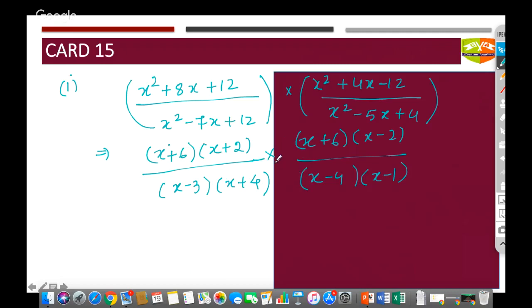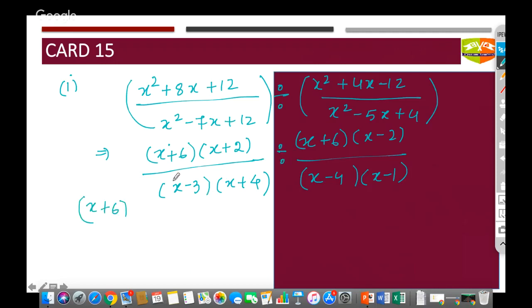Now I'll check whether something is matching or not. So here in case of multiplication, nothing is matching. Now what I do is that if I change this multiplication sign with division sign, now let's see what happens.